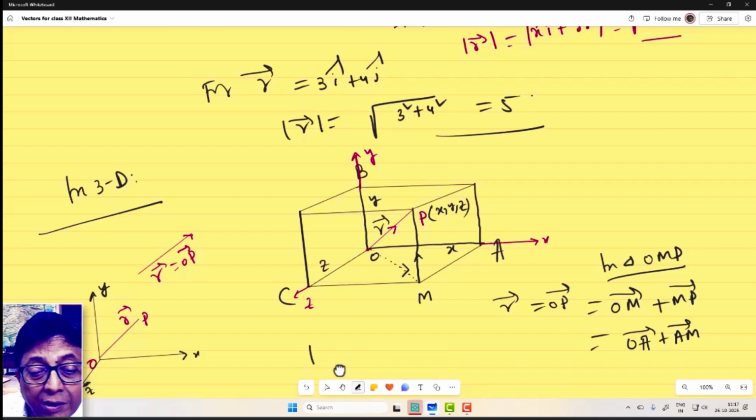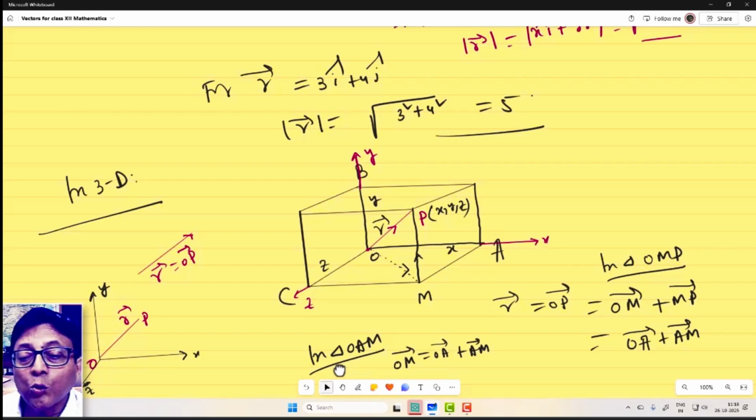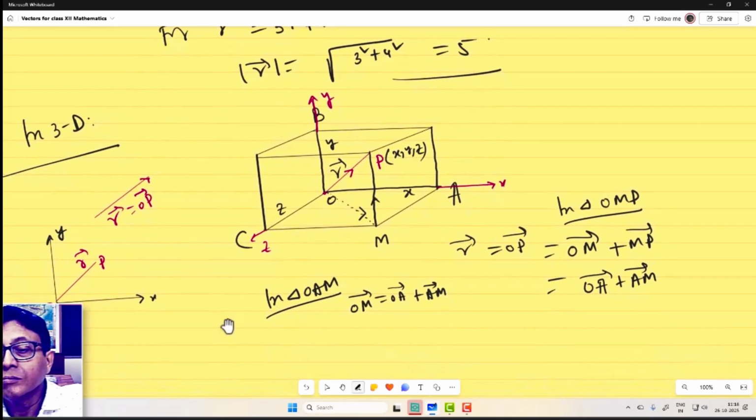In triangle OAM, OM equal to OA plus AM. So r is going to be what?